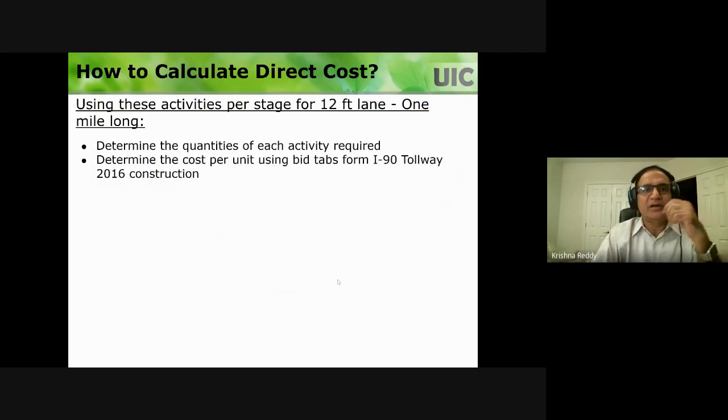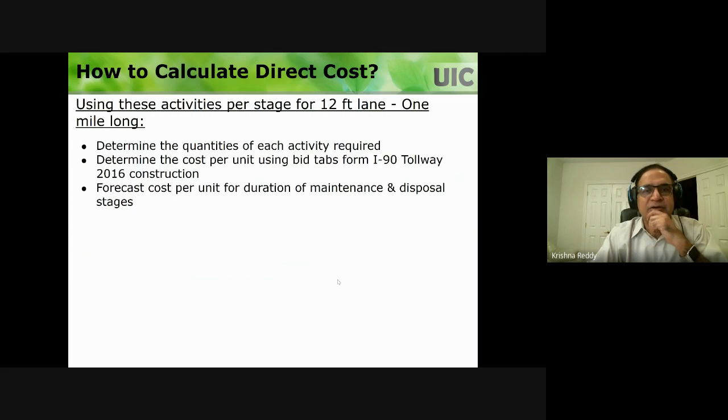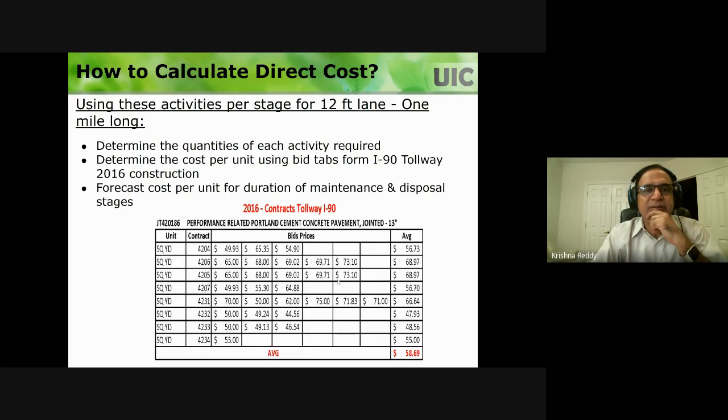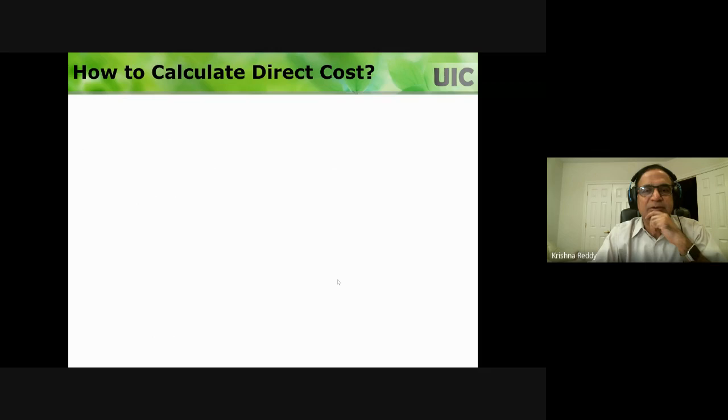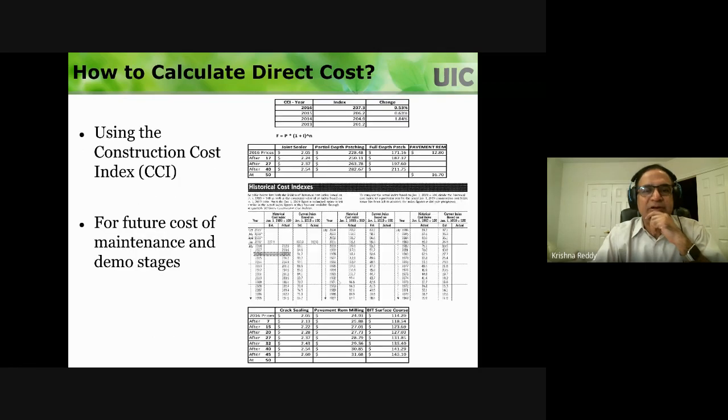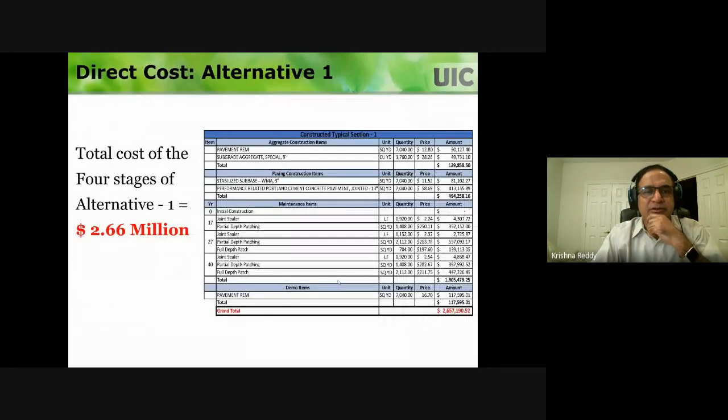So here we're calculating all the quantities for each activity, and we look at the standard cost tables, and then we calculate what would be the cost. Generally we use the construction cost index, typical numbers, and then we calculate it.